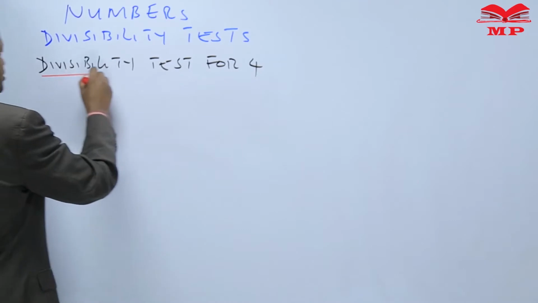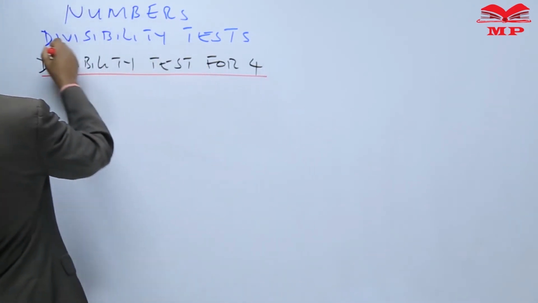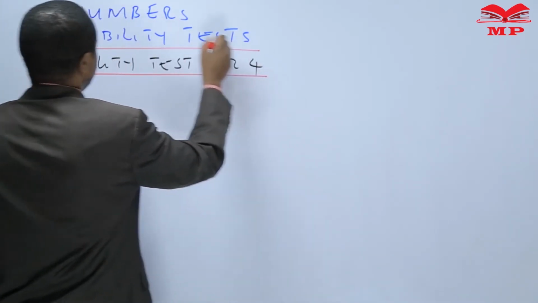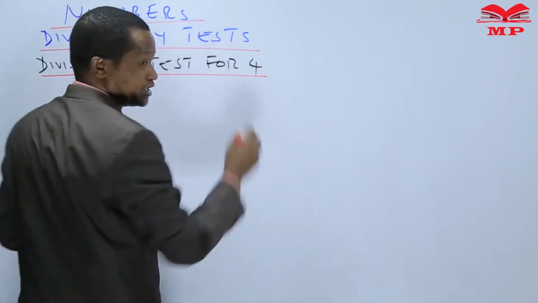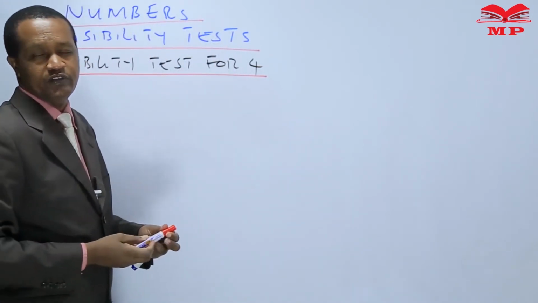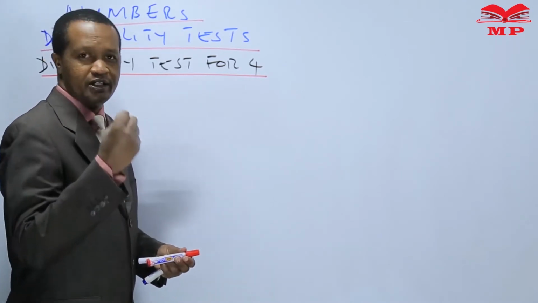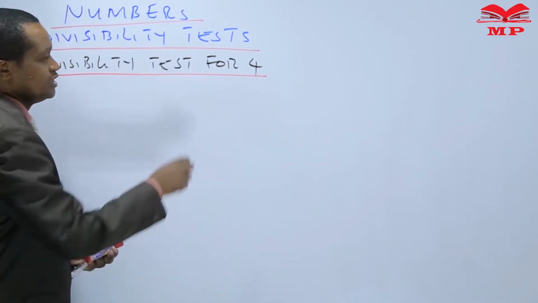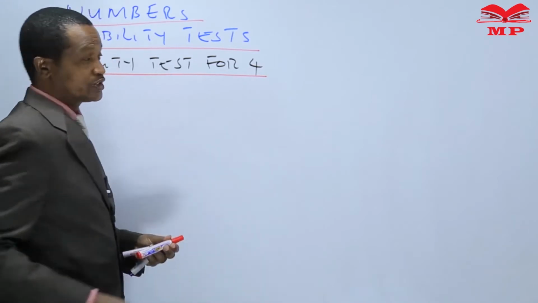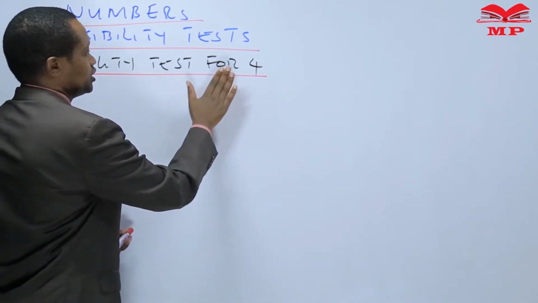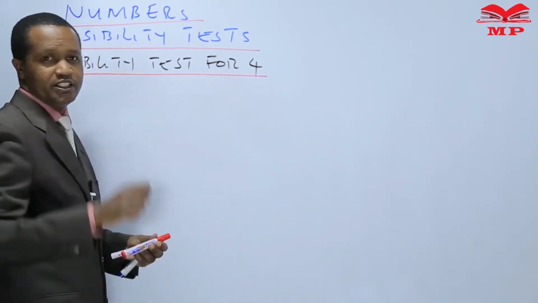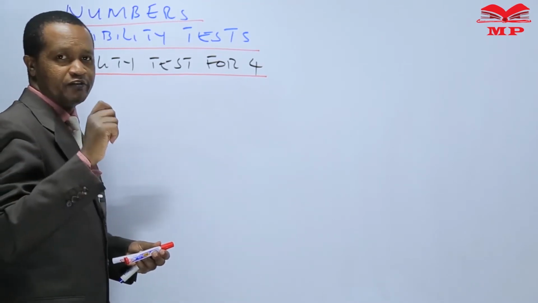In our last lesson, we carried out the divisibility test for number 3. And in standard 4, we carried out divisibility tests for number 2, number 5, and number 10. Today we are going to study how to carry out the divisibility test for number 4.